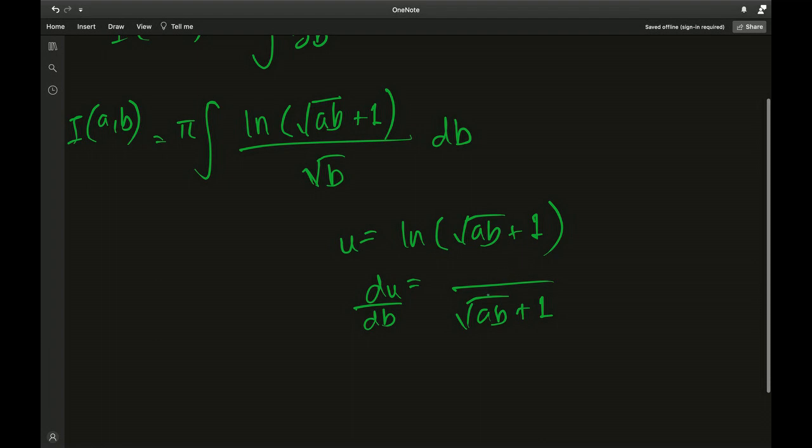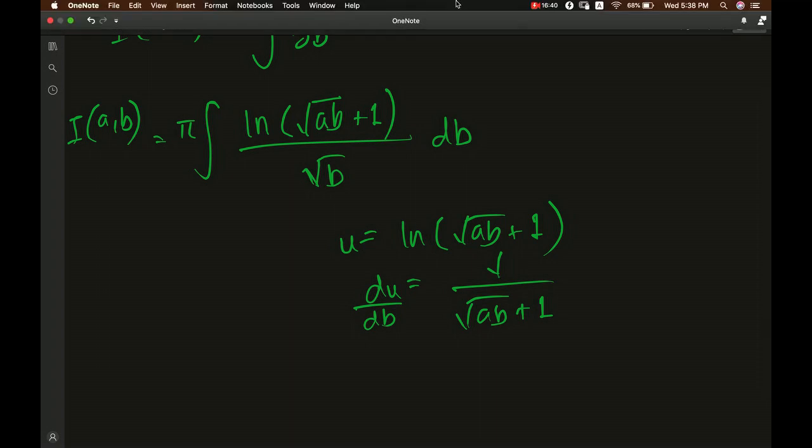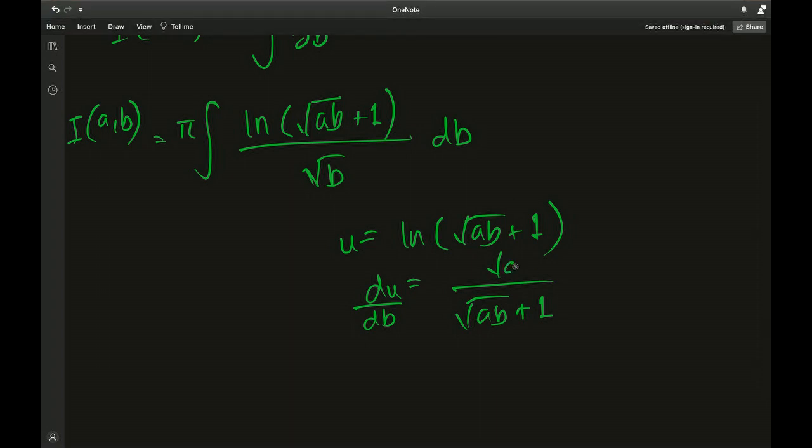square root of A, I suppose, because square root of A was the constant, and then differentiating square root of B, we'll have a factor of 2 times square root of B in the denominator.